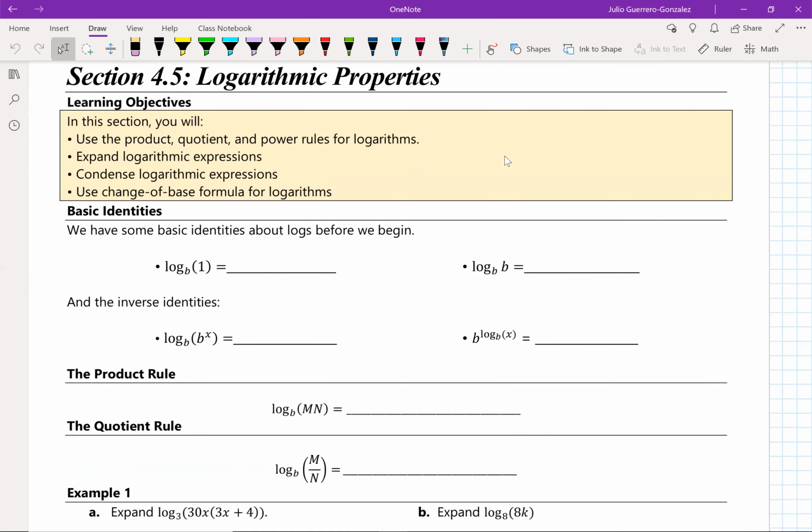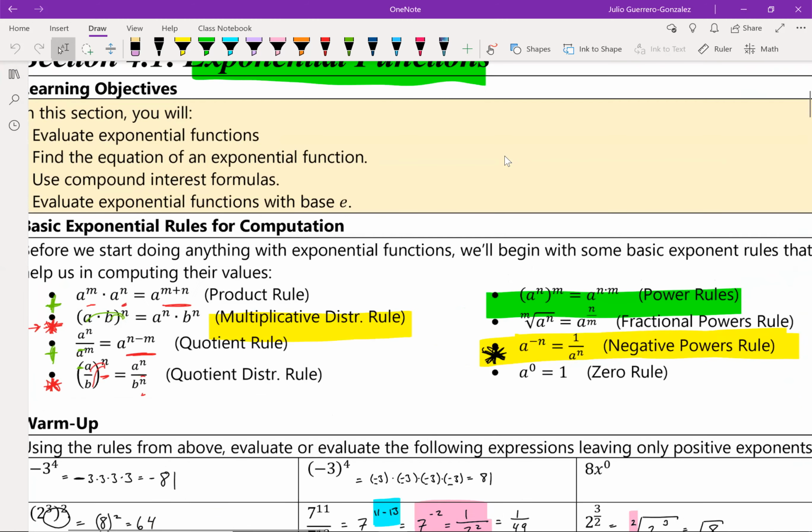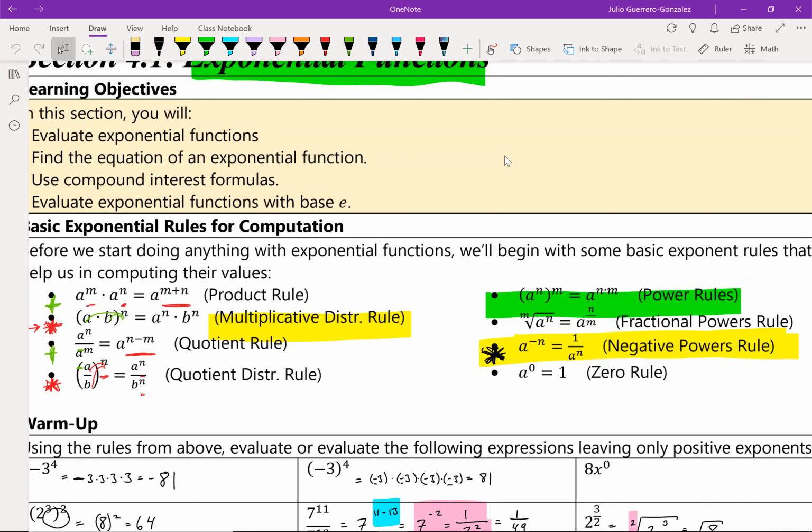I think it was in section 4.1. I gave you guys a bunch of exponent rules, right? So these exponent rules were always true, right? And then you got to play around with them a little bit down here, right?